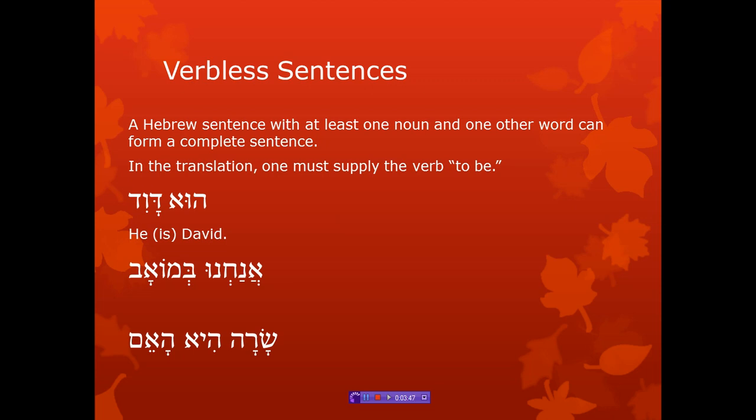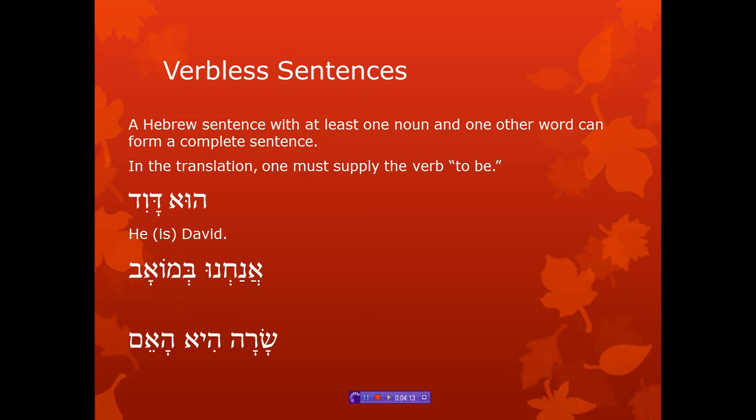Let's look at the next line. Anachnu b'Moav. Okay, I imagine there are some things you recognize. For instance, the first common plural pronoun, anachnu, meaning we. What is the second one? Well, that bet with the shva beneath it is the preposition meaning in or at.